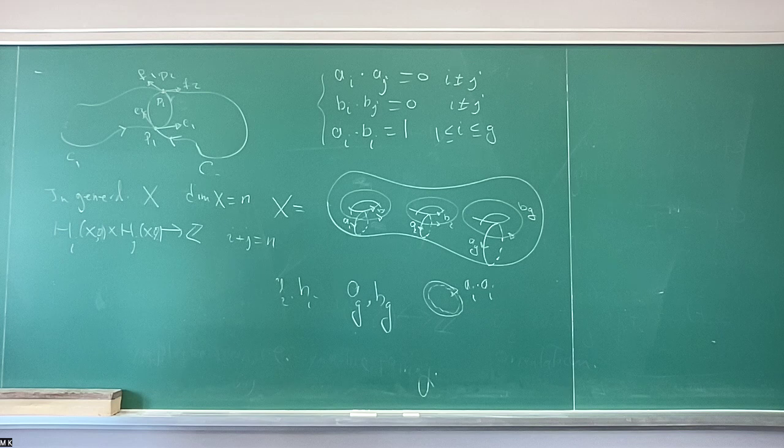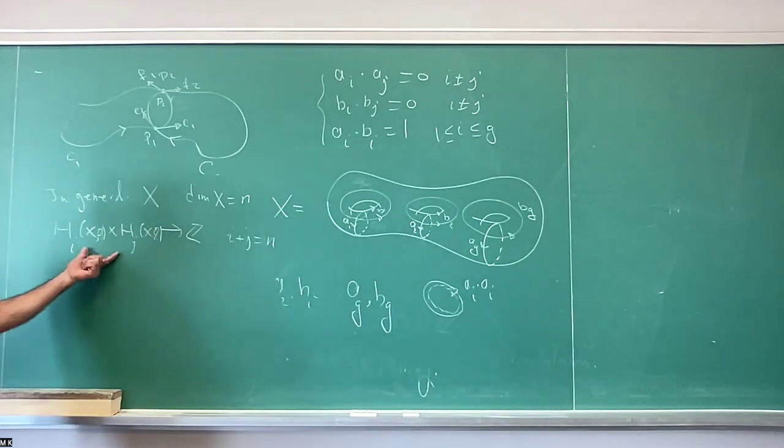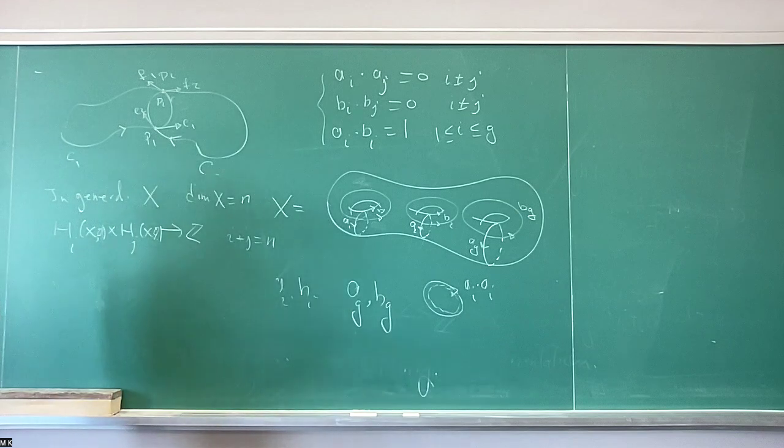All these things exist for general n-dimensional manifolds, but we don't need it, because all of our surfaces are two-dimensional. So we are only concerned with H1 cross H1. Any other questions?